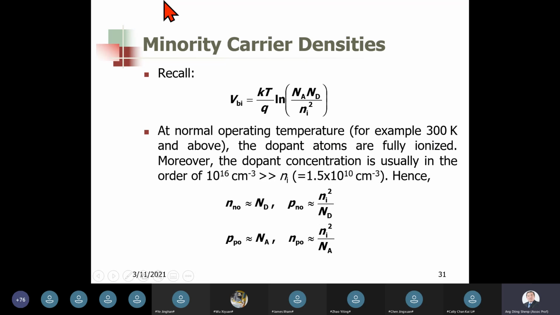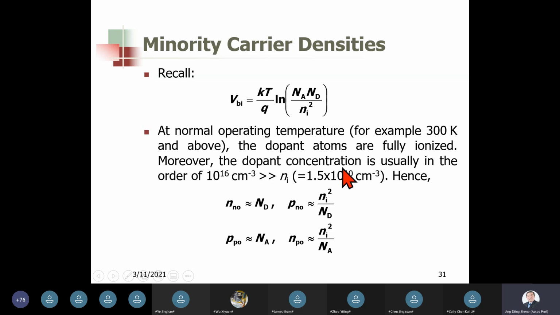Okay, so I will start with this equation for VBI. Earlier on, we have shown that VBI is equal to kT over q, natural log NAND over ni squared. Now, at normal operating temperature, which is typically 300 Kelvin at room temperature, we can assume that the dopant atoms are fully ionized.